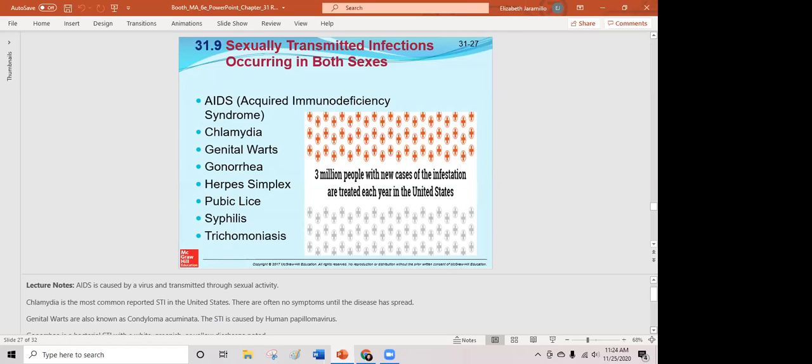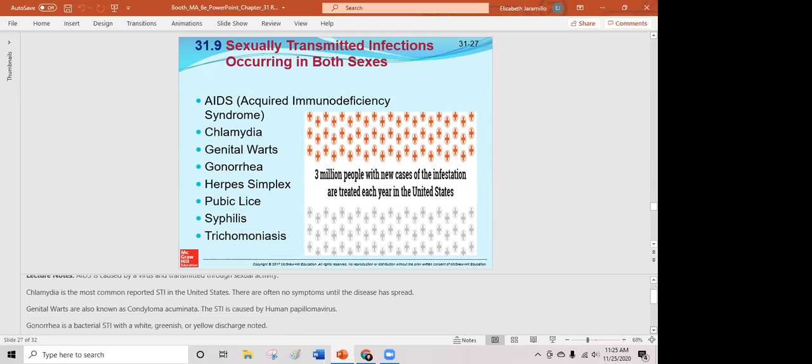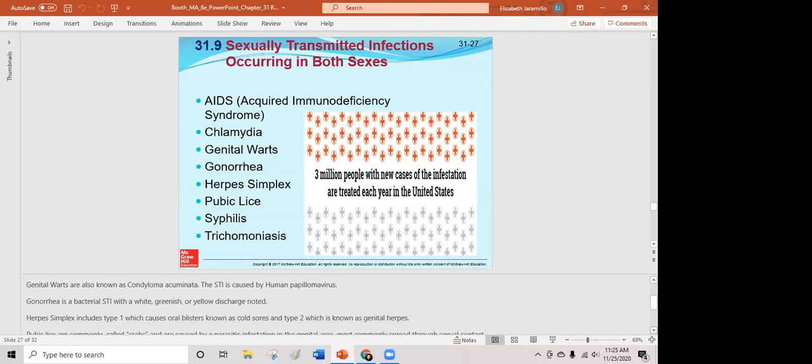Genital warts are also known as condyloma acuminata. This infection is caused by human papillomavirus, or HPV. Gonorrhea is a bacterial sexually transmitted infection with a white, greenish, or yellow discharge noted. There's usually a smell.